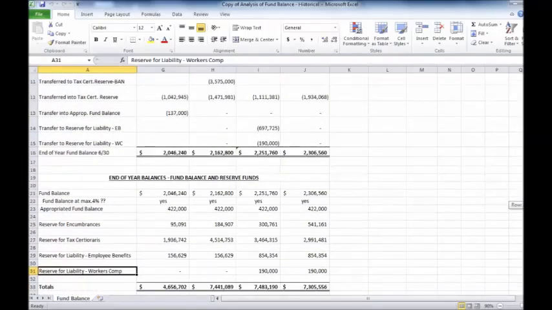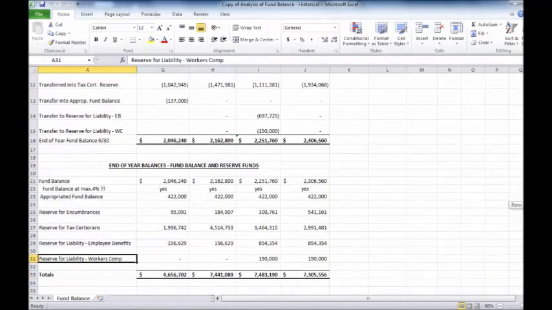That scenario follows all the way through. So you can see the balances as of the end of 14-15. The fund balance of 2,306,000 is really the only fluid amount in reserve funds. Your 422,000 is used for the next year budget.